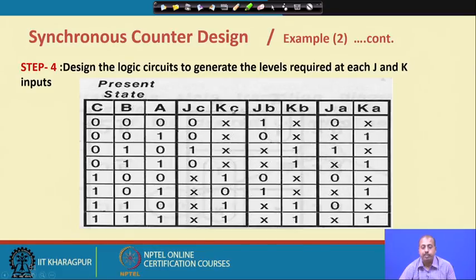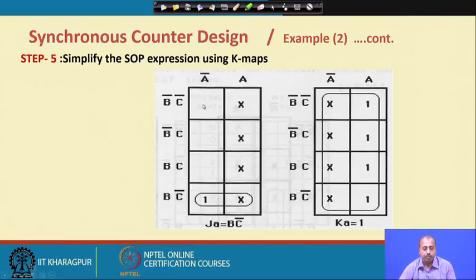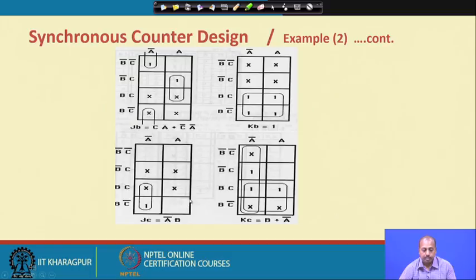JA turns out to be B C bar, KA turns out to be 1, JB turns out to be CA plus C bar A bar, KB turns out to be 1, JC turns out to be A bar B and KC turns out to be B plus A bar.